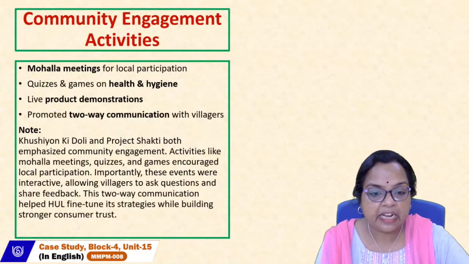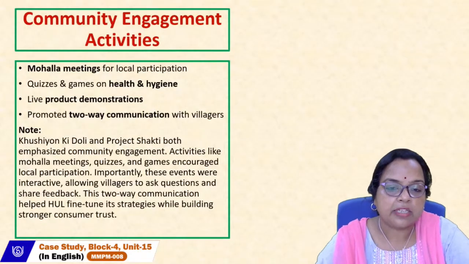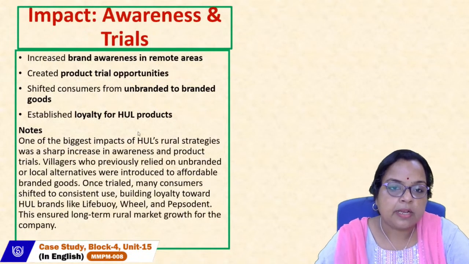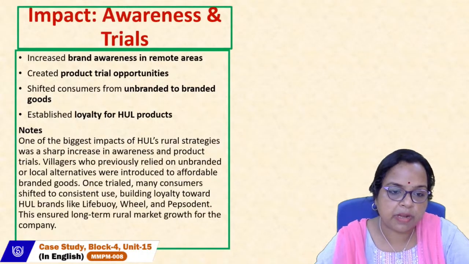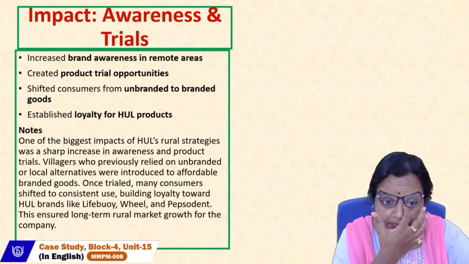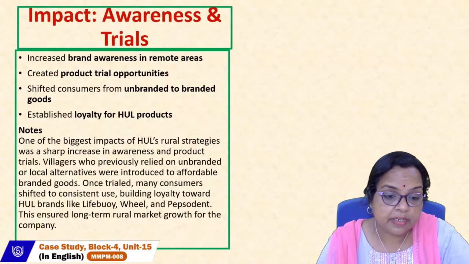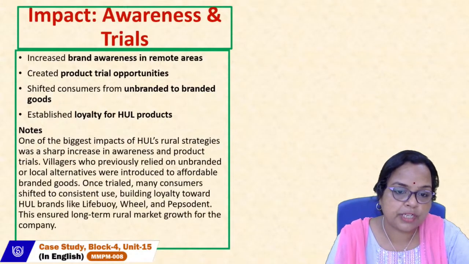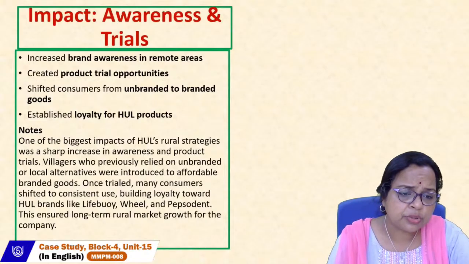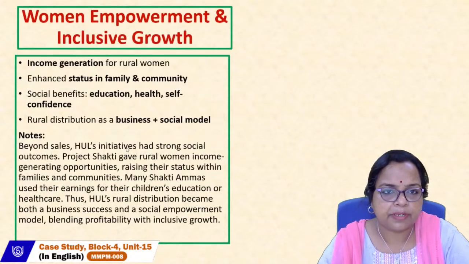So this again fine-tuned the strategies of HUL, and the impact was quite visible. The impact was increased brand awareness, where customers were changing from their local brand to HUL's product. This was quite visible in those days. In 2007, customers were changing their preferences from local brands to HUL's products. So it ensured long-term rural market growth for the company.